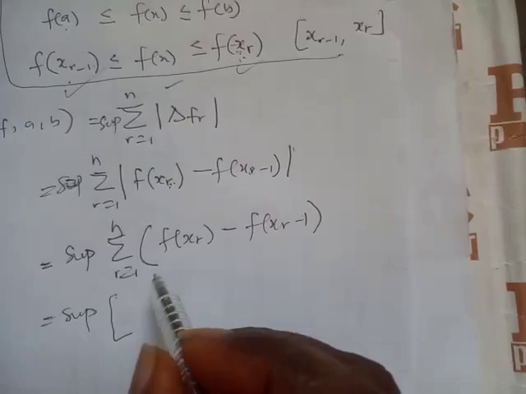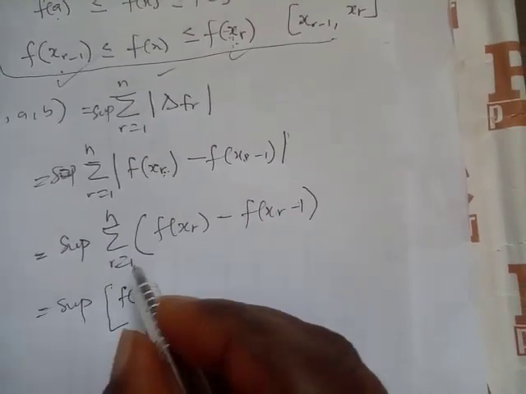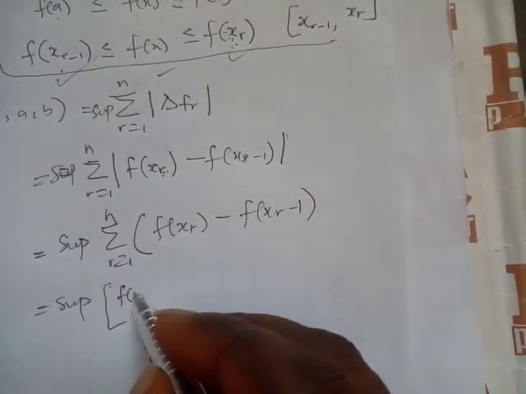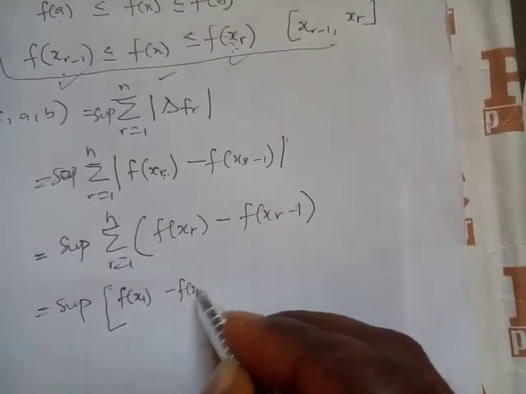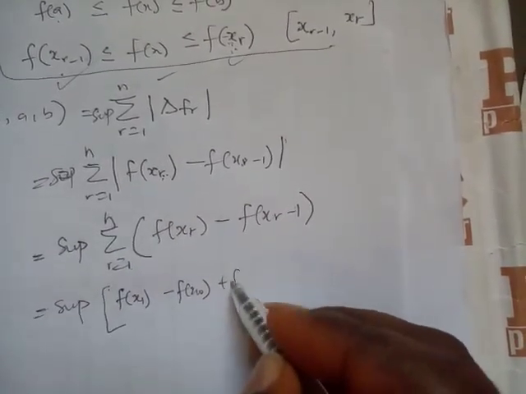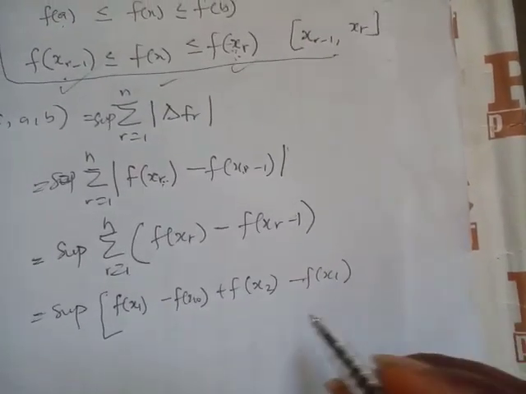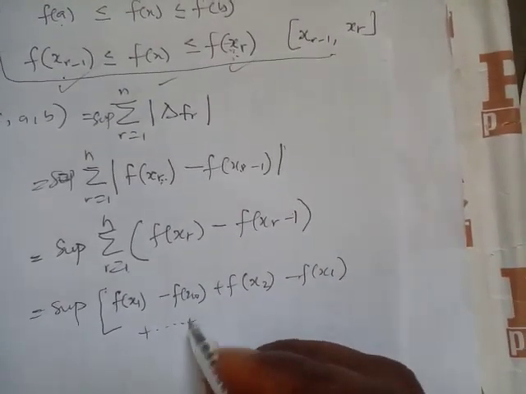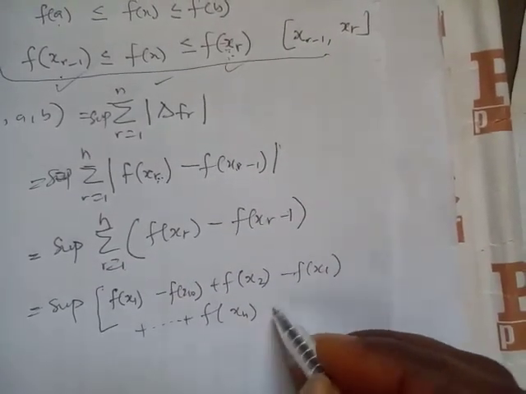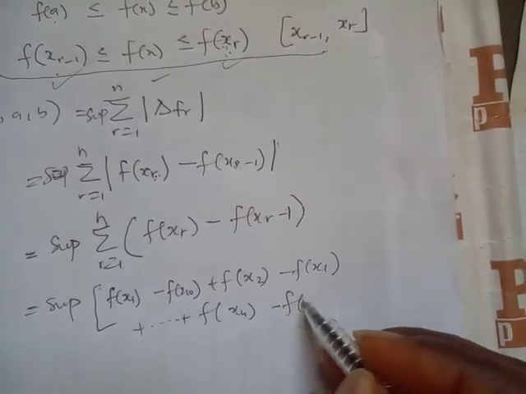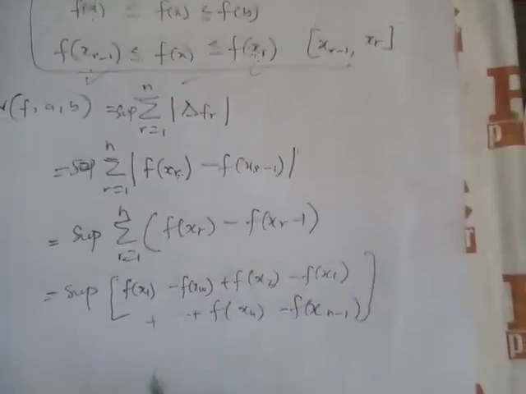Now if you put r to be 1, what we are going to have is f of s_1 minus f of s_0. Plus the next one will be f of s_2 minus f of s_1. It will be going like that until it gets to when r is n, f of s_n minus f of s_(n-1).